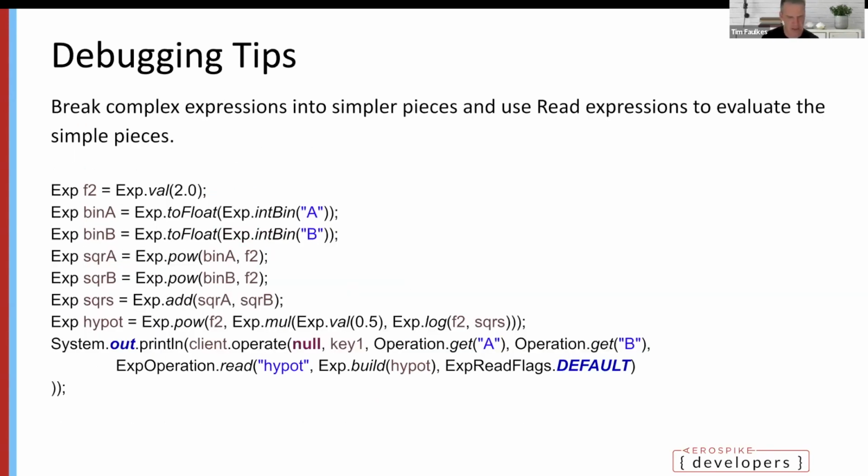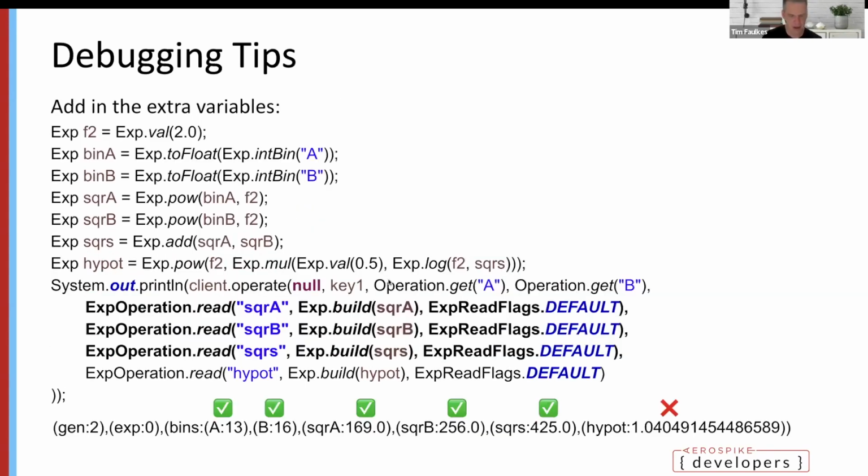So instead of doing this in one operation, I've still got my answer, but I can now print out, or read, each one of these variables as I go through. I can look at what is the value of A and B, which are fairly self-explanatory. What is square A? I just build it and then say, go and show it to me. What is square B?